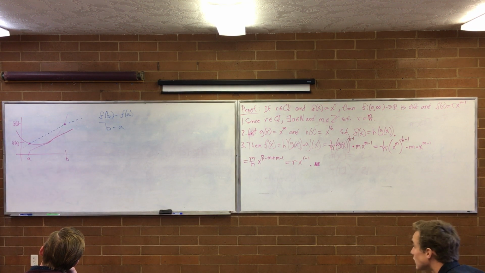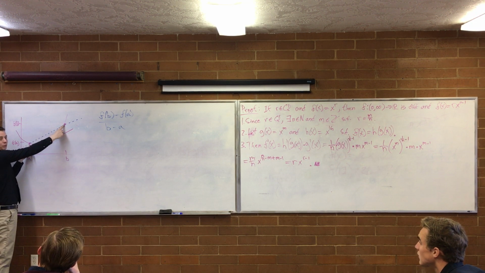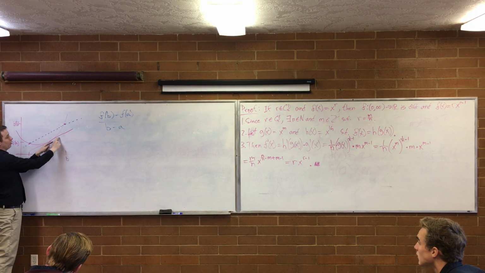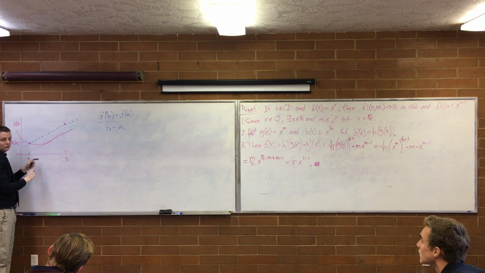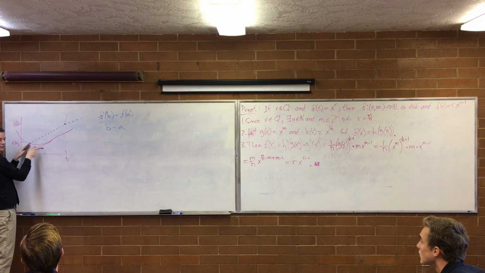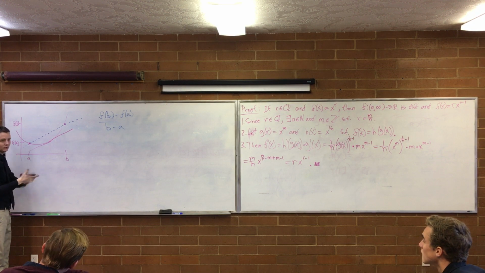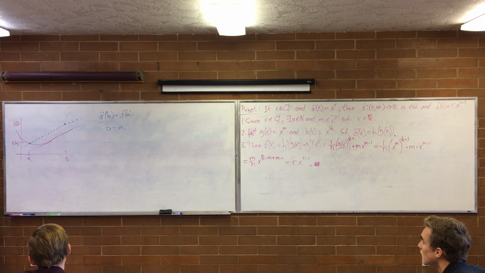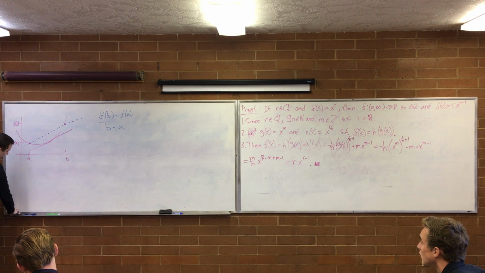Why is it called the mean value theorem? This is the average slope that you get if you calculate all these slopes over all this space, the average going up this much in this distance. That's mean, average.